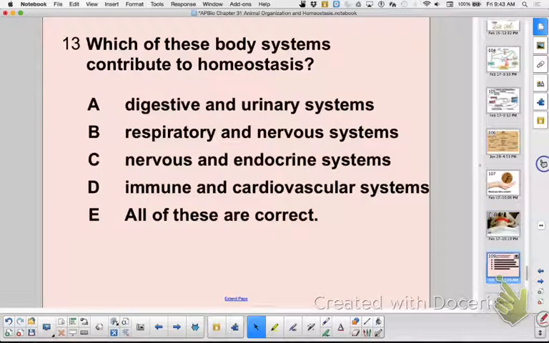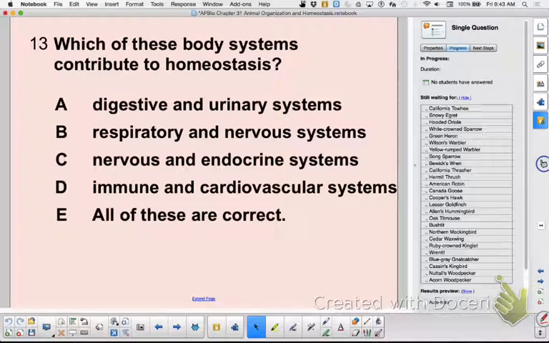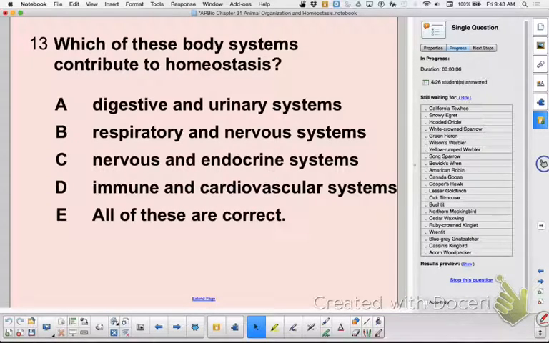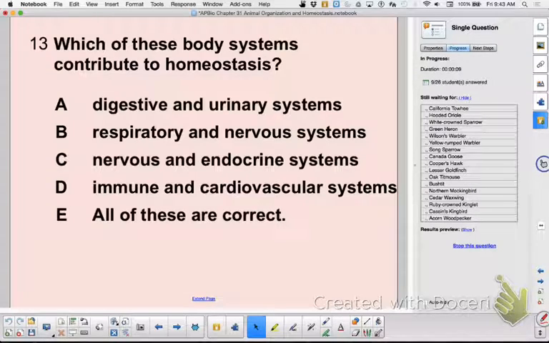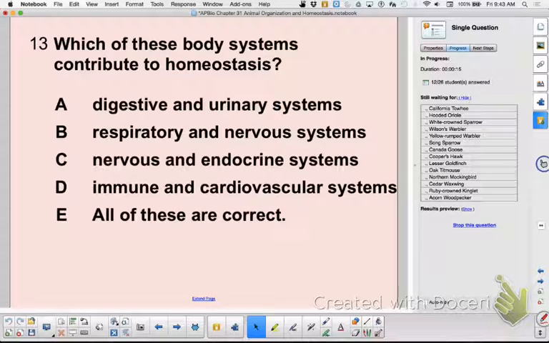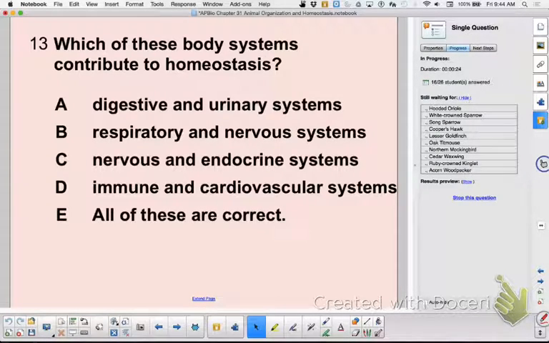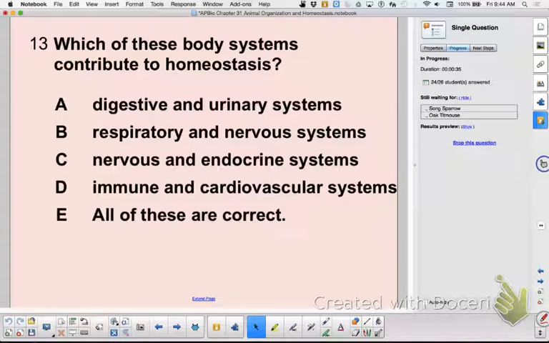Okay? Let's see what this says. Did I give you the word that you needed? I did, right? Oh, titmouse.